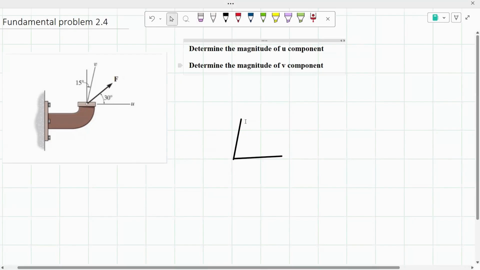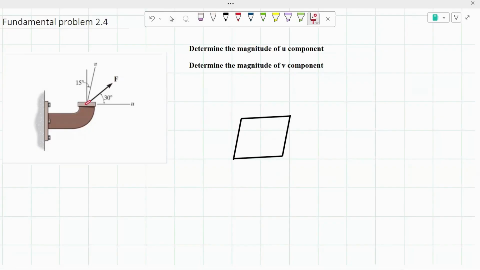So that way, in the end, we get a parallelogram. And then from there, we're going to take a resultant force and draw that in.